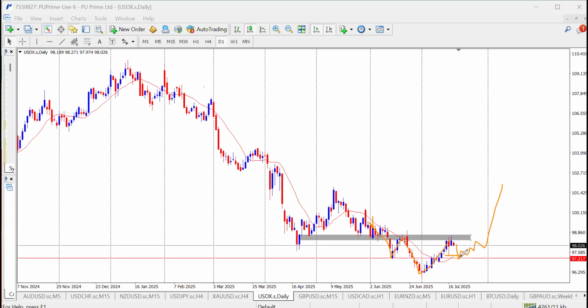We just need the market to tap down here to complete this left shoulder and boom to the upside. And if that could happen, it tells us that the dollar has high tendency of reversing.